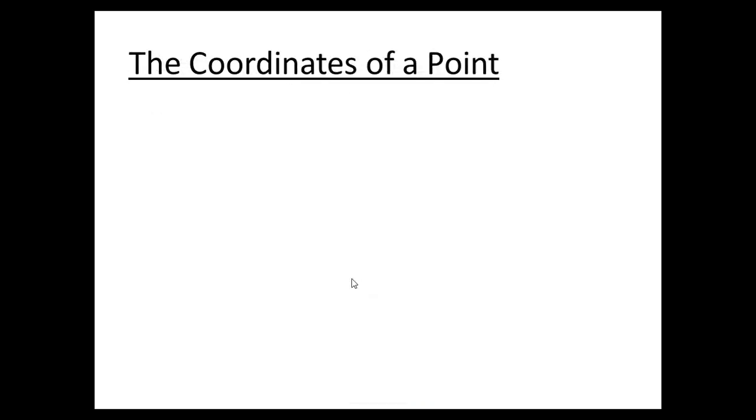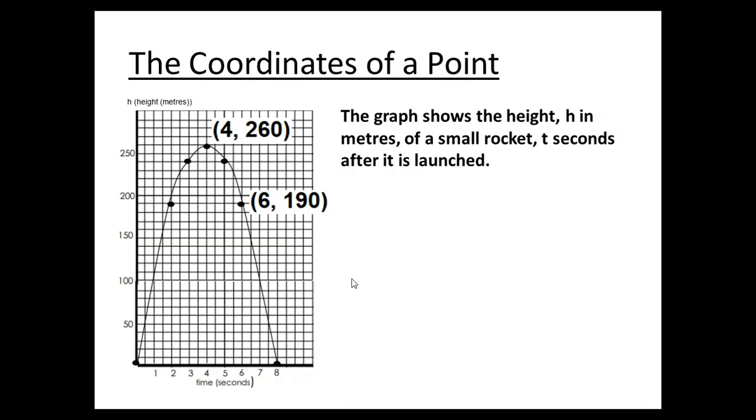Now let's look specifically at the coordinates of a point. This graph shows the height, h in meters, of a small rocket, t seconds after it's launched. So instead of having x and y, we're now talking about t and h.